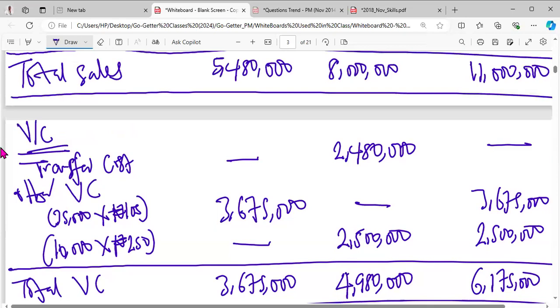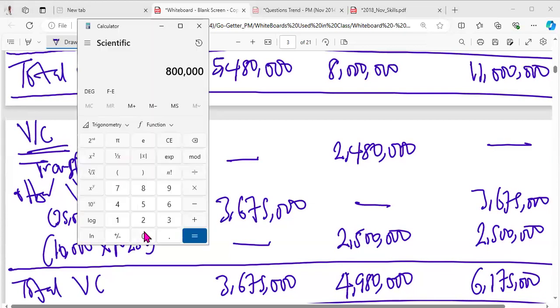So let's see the second one. We have 8 million minus 4,980,000. That gives us 3,020,000.